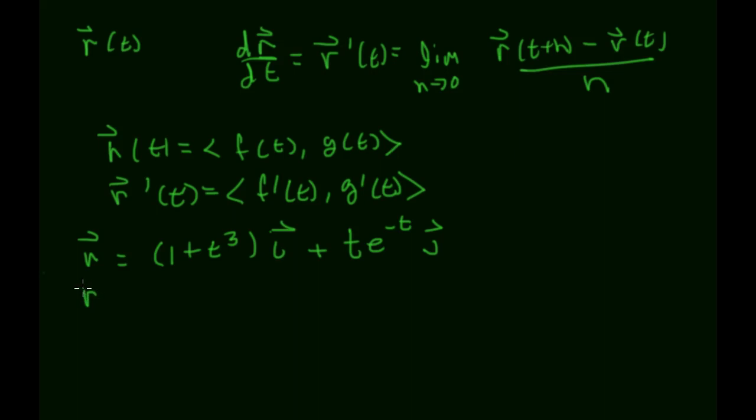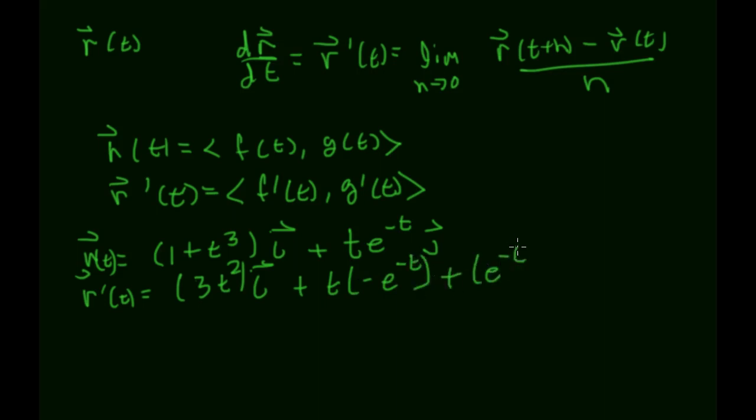So this is r of t, and r prime of t will then be, let's see, this one's just going to go to 3t squared i, right? And this one is the first times the derivative of the second plus the second times the derivative of the first. And all of this is times the j vector.